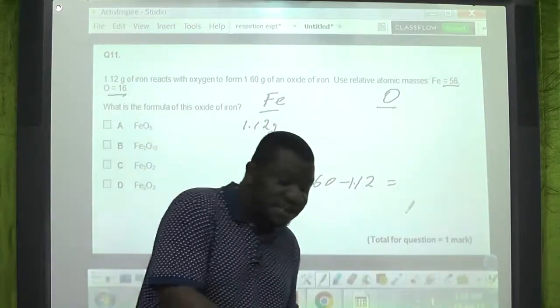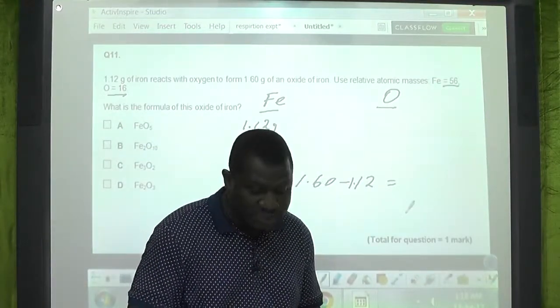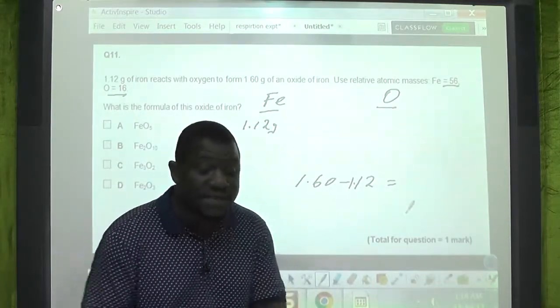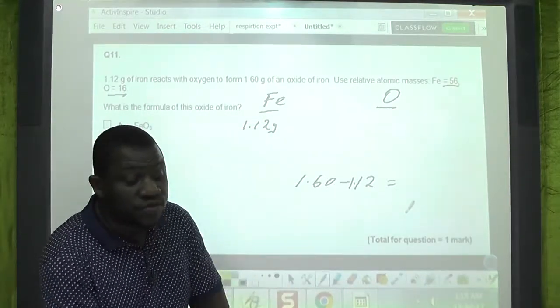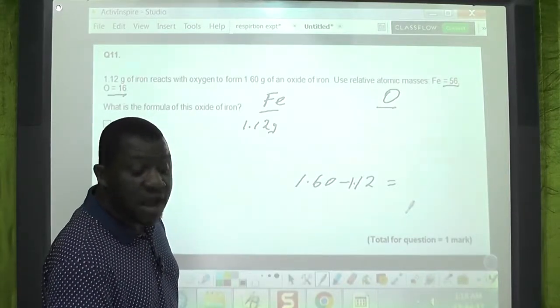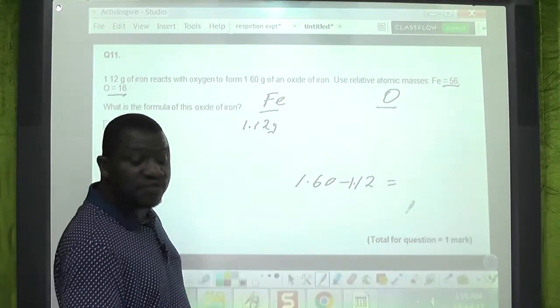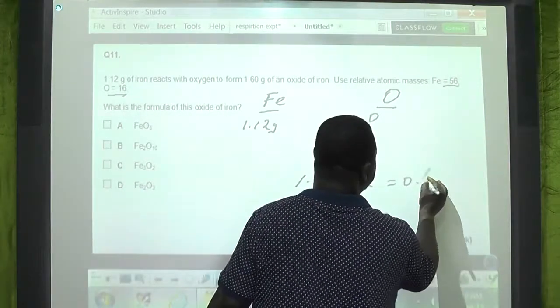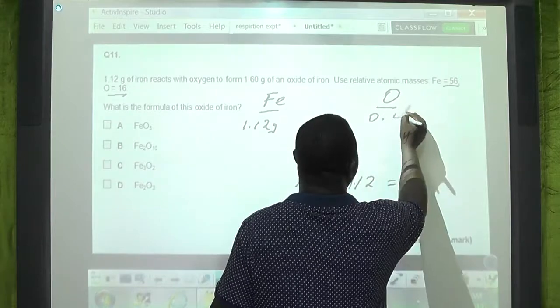I don't want us to waste time, let me go to number 11 and just get the mass for you. So the mass of oxygen that reacted is 1.6 minus 1.12, 0.48.